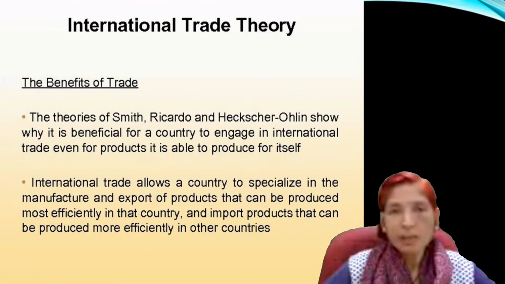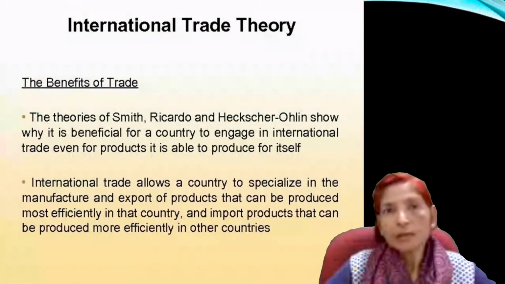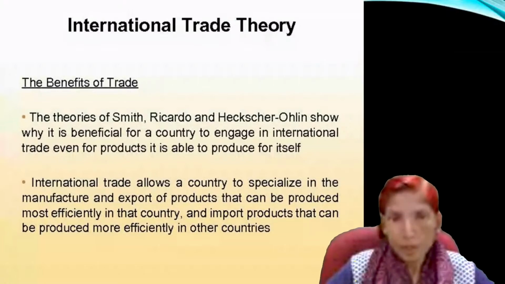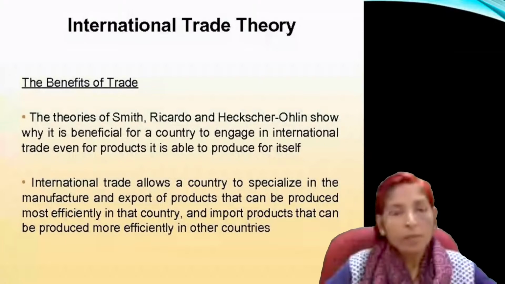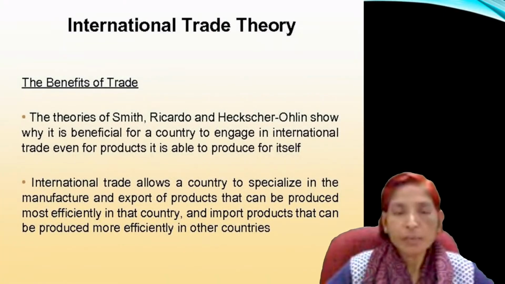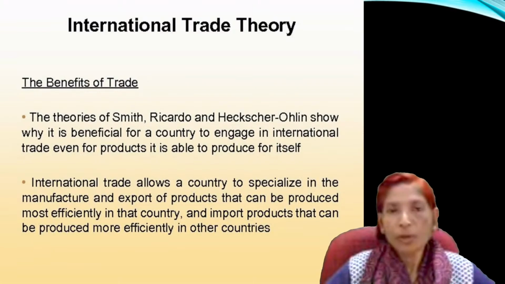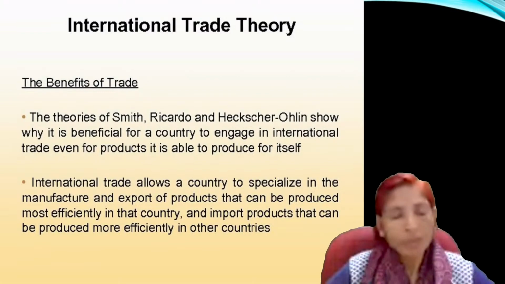For example, in India, you know that India is a predominantly agriculture based economy. And in India, agriculture production remains in abundant quantity. But due to lack of capital formation and lack of some technological advancement, we produce less industrial product but produce more agricultural products.